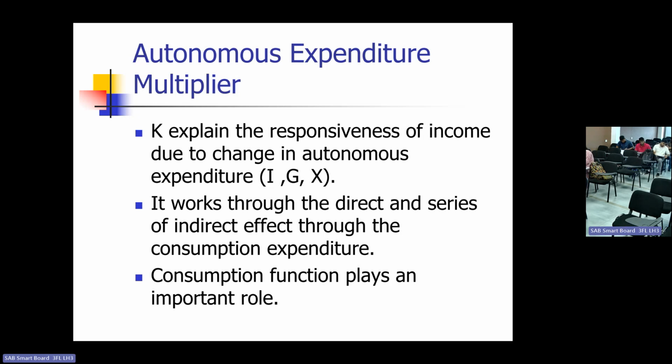When income increases, what happens? Imports also increase. So this multiplies income, and then there are the autonomous imports as well. Imports here we assume mainly depend on income. Autonomous imports mean other factors, other than income, which determine imports: the exchange rate, interest rate, and inflation. Those are captured by autonomous imports.